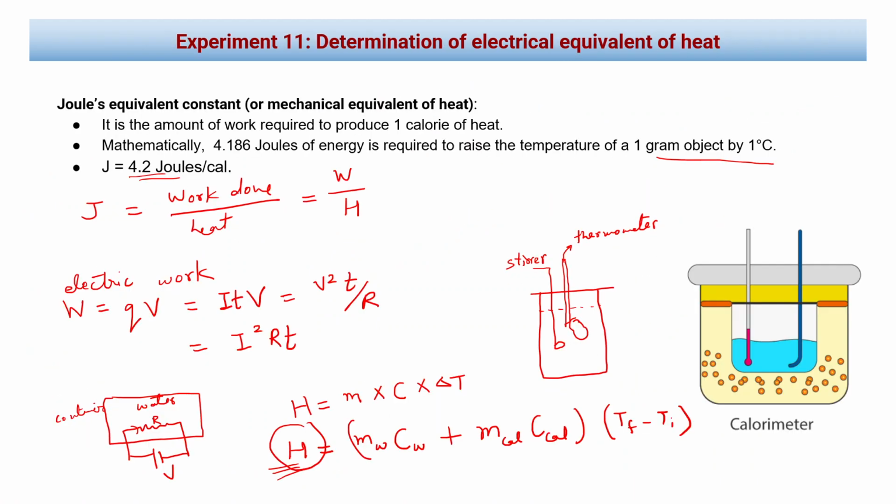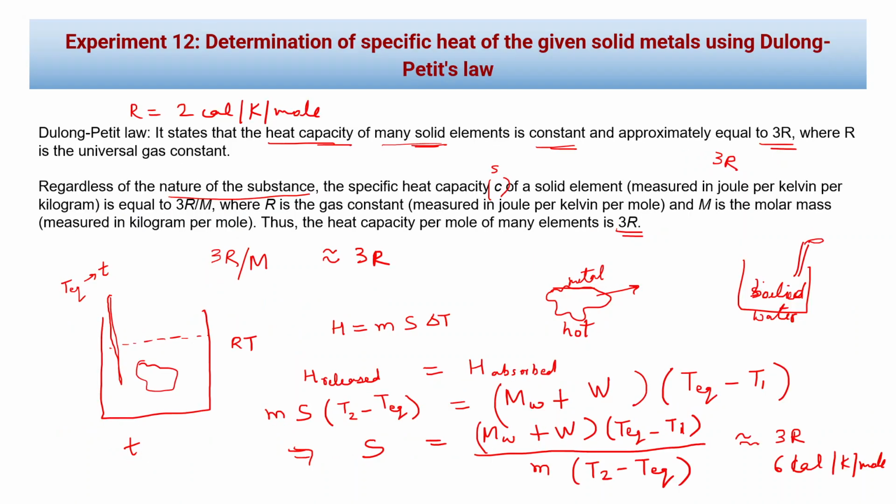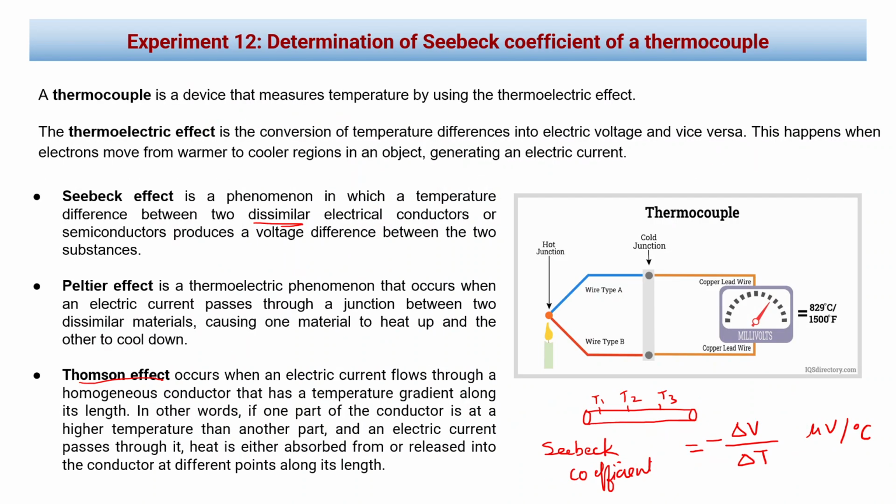Then we understood the electrical equivalent of heat or Joule's equivalent of heat, its value, its constant, and how to determine it using a calorimeter setup. What is Dulong-Petit law and how to determine the specific heat of a given solid metal using it.